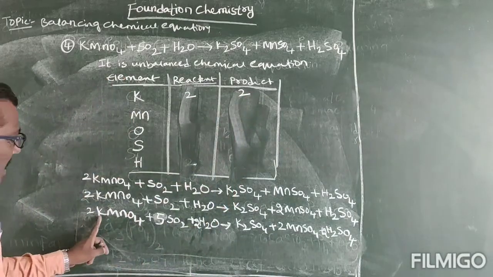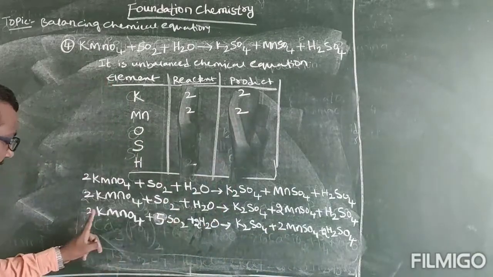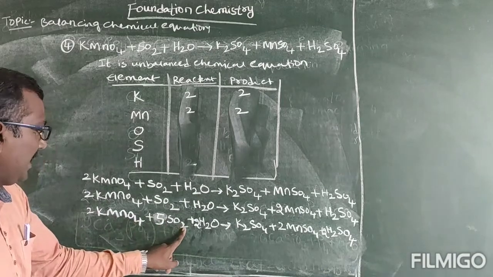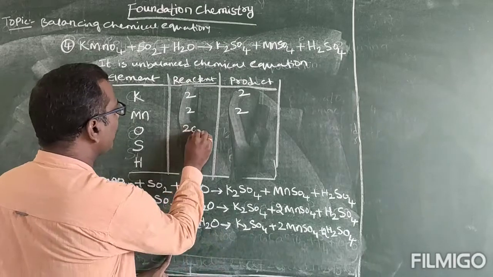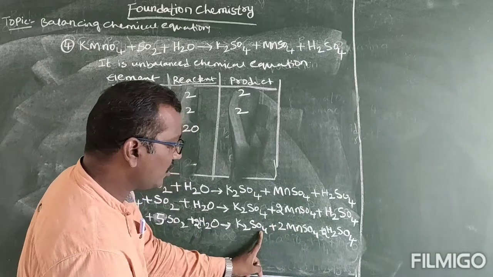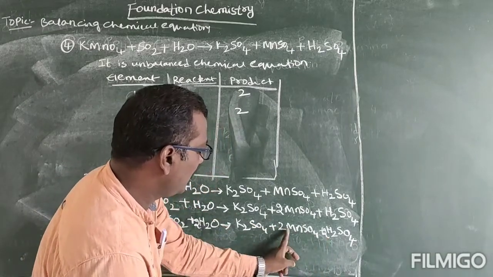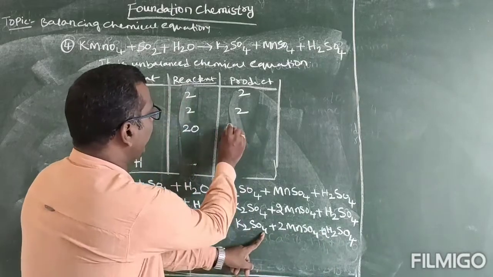Okay. Mn here 2, here 2. Oxygens now: 2 4s are 8, 5 2s are 10, 18, 2 1s are 2, 20. And here 4 2s are 8, 4 is 12, 4 2s are 8, 2 4s are 8, 16, 4, 20.